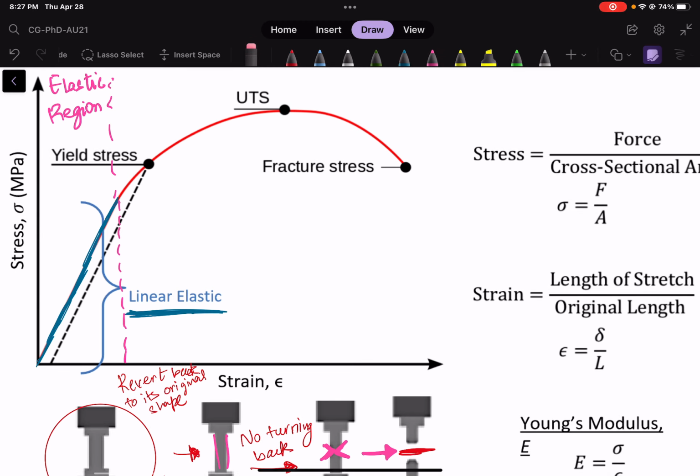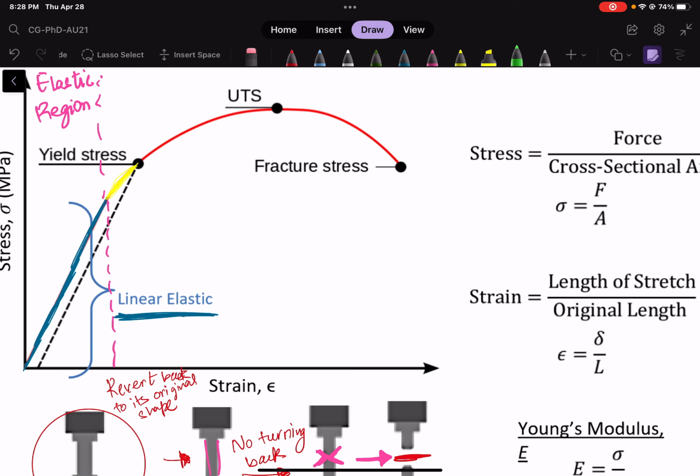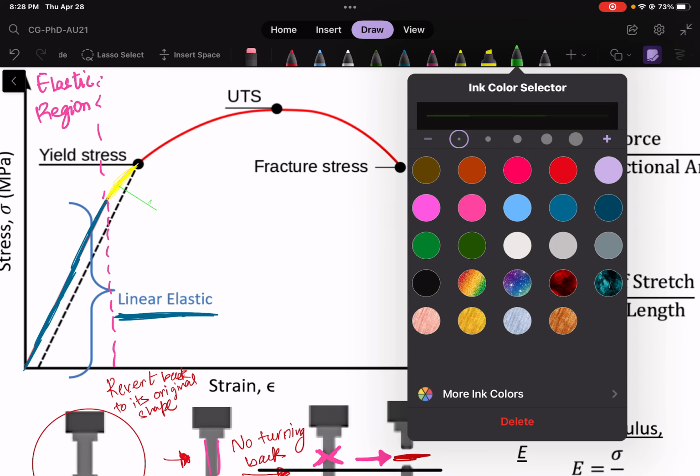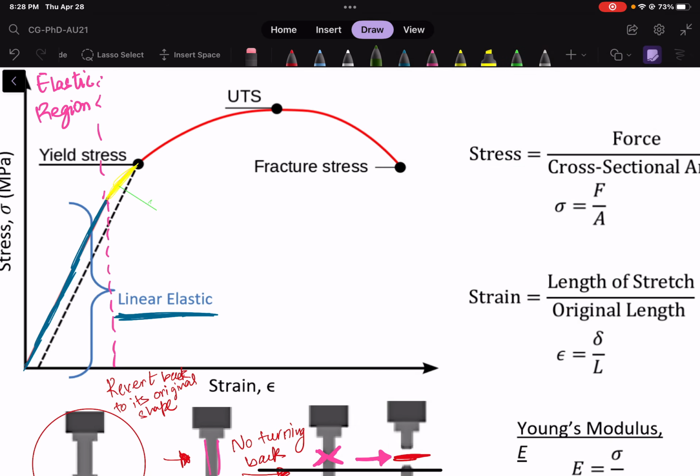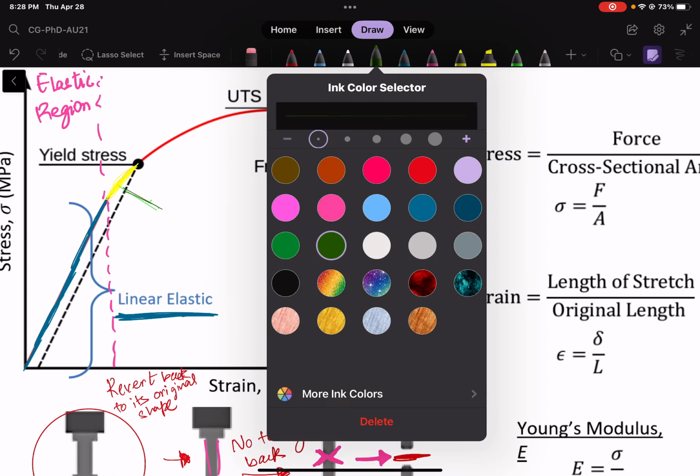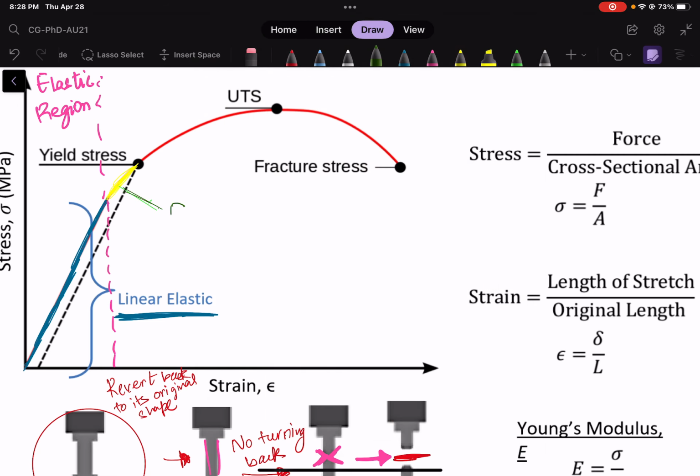But after that, if you see this curve, I'll highlight that with a yellow curve. This part over here will be a sum of elastic plus plastic.